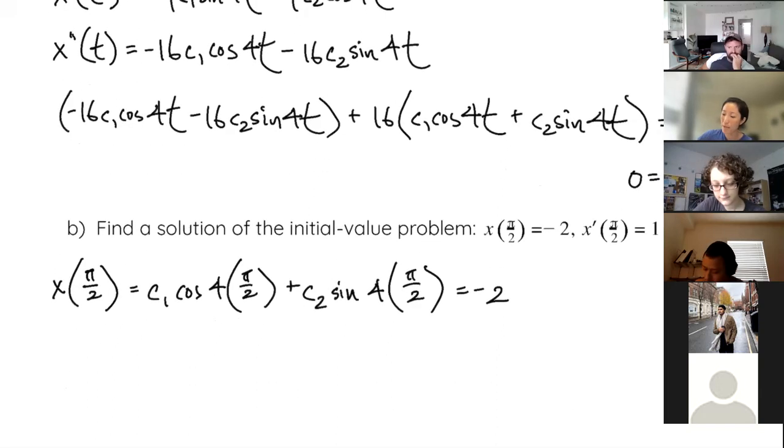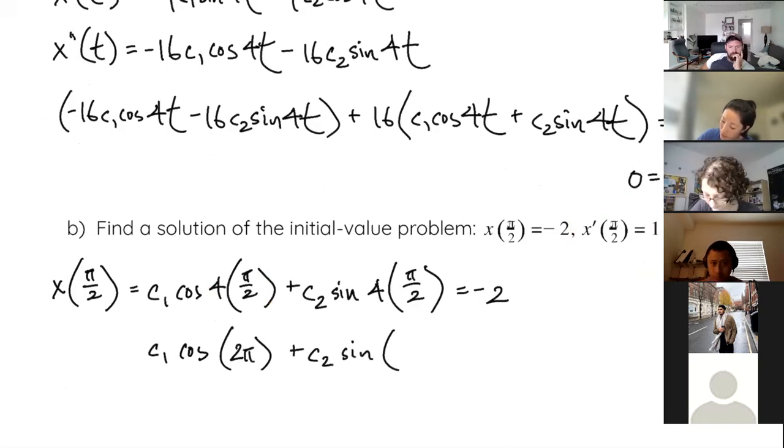And so before we plug in the other initial condition, let's simplify what we have here first. C1 cosine 4 times pi over 2 gives me 2 pi, plus C2 sine of the same thing, 4 times pi over 2 gives me 2 pi, and we get -2.